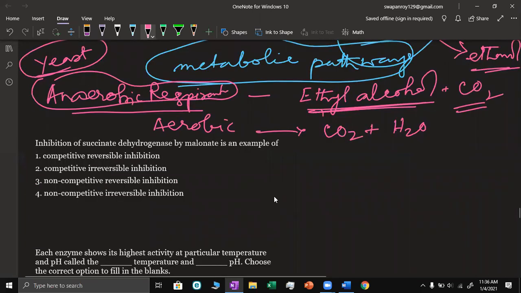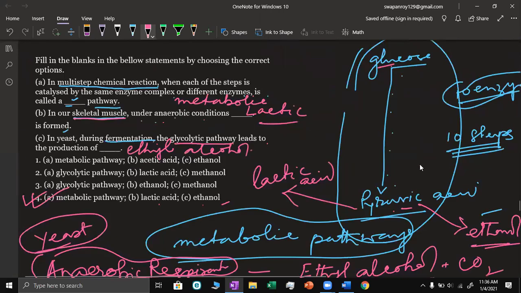Next one: inhibition of succinate dehydrogenase by malonate is an example of what? Remember one thing, within the cell, many different types of chemical reactions and many different metabolic pathways are going on. Different reactions, different substrates are there, and each enzyme is specific to a particular substrate.